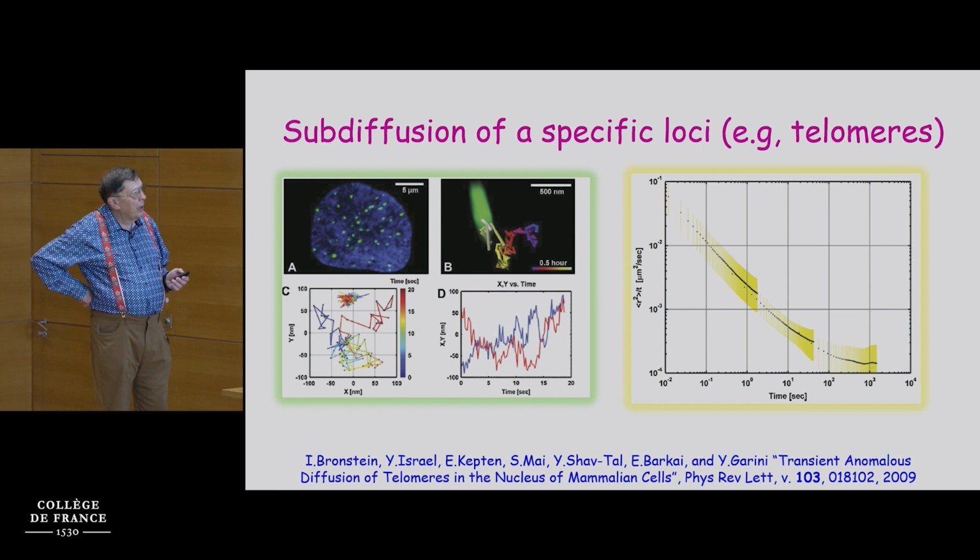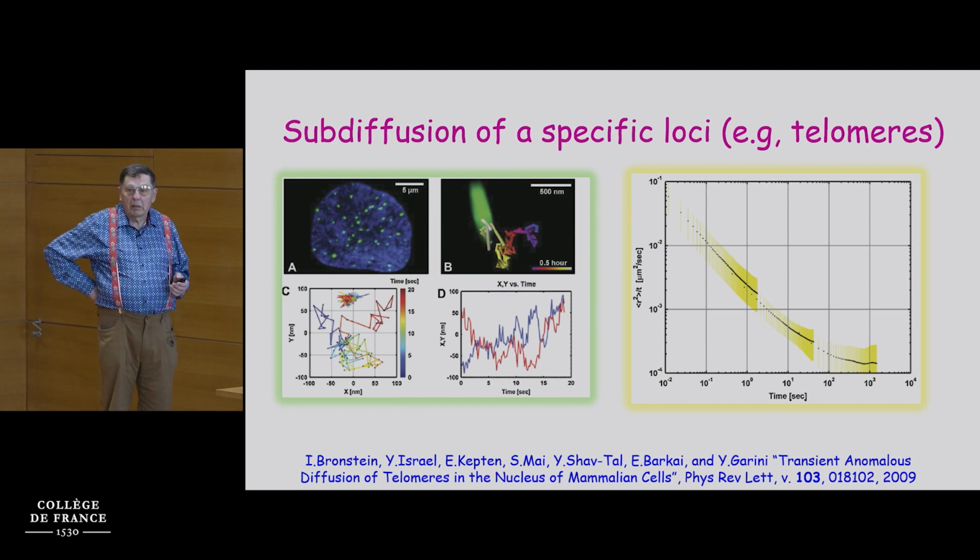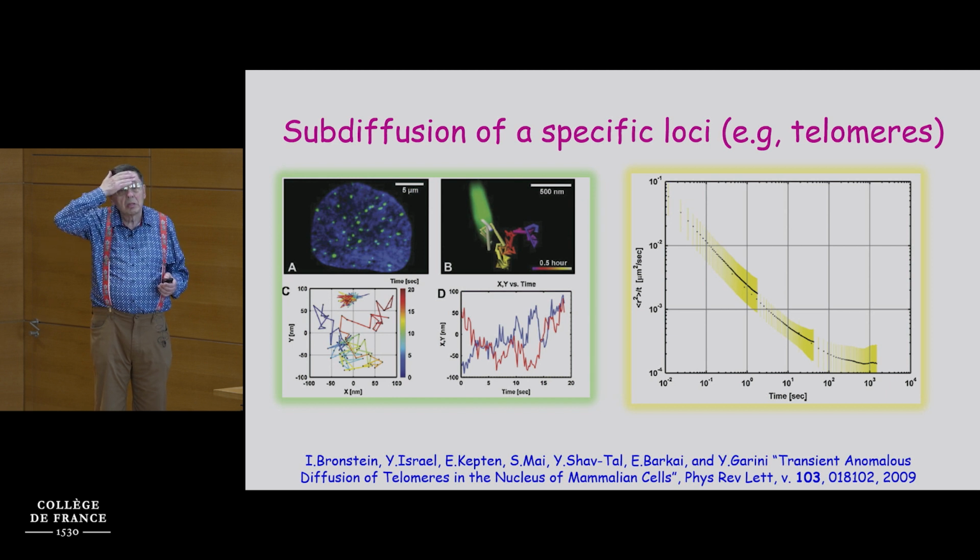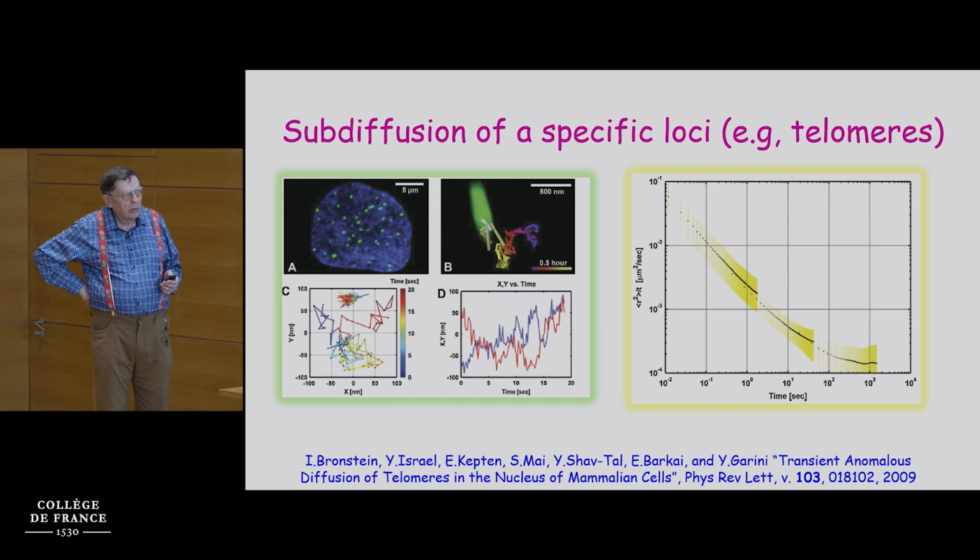They observed motion of a particular locus in a chromosome, which in this case was the telomere, which is the end part of the chromosome. And here is the mean square displacement of this locus, divided by time.